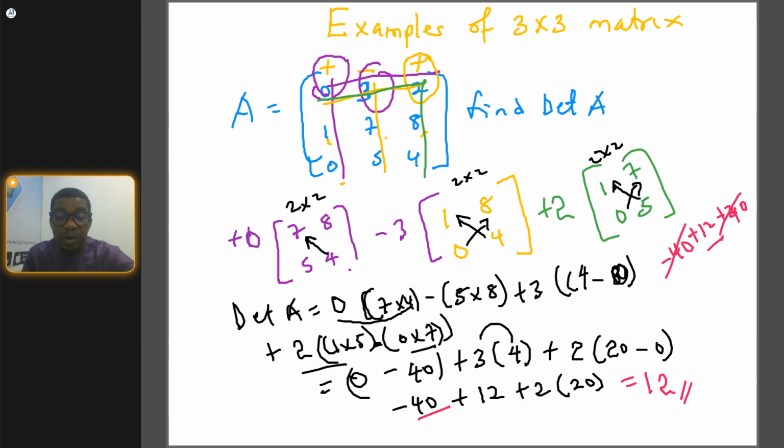Let's take one more question on the determinant of 3 by 3 again. Another example on the determinant of 3 by 3. Please do well to listen attentively. Let's wipe our board and take another one.